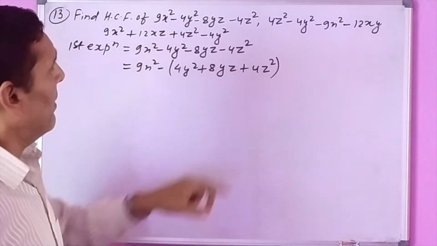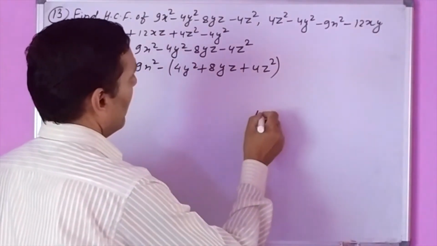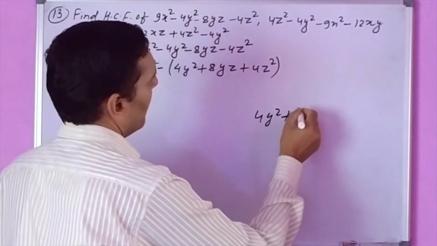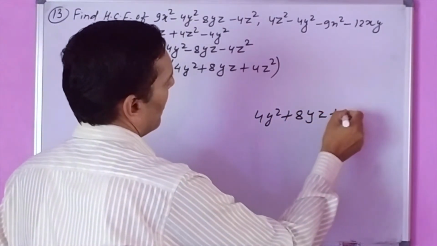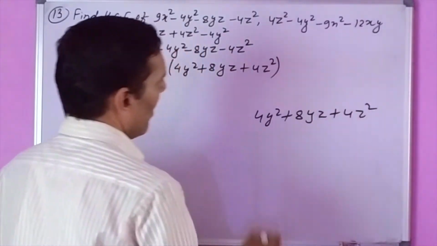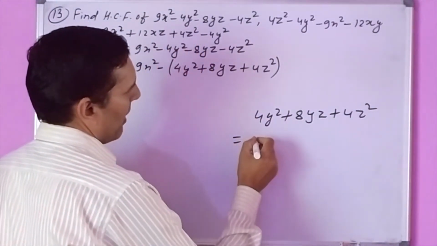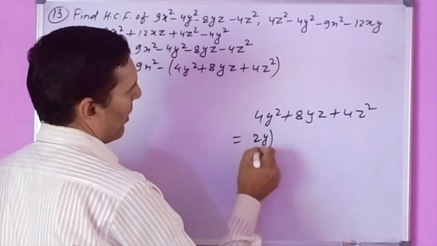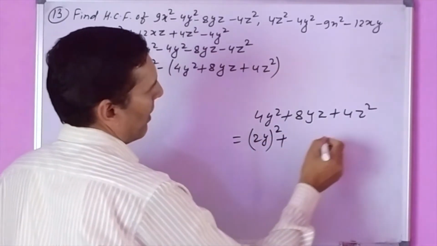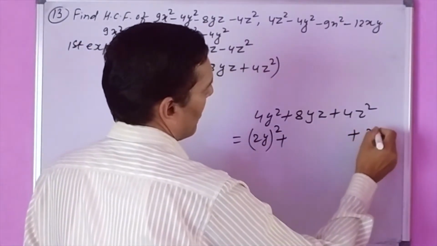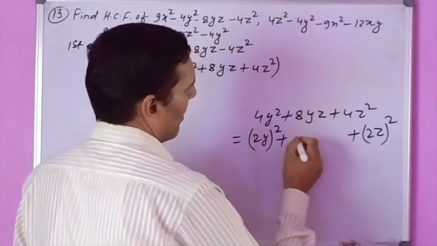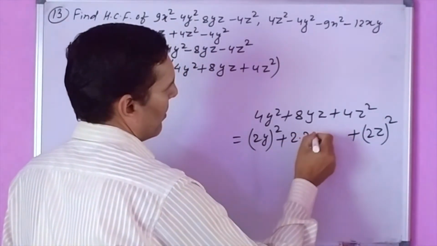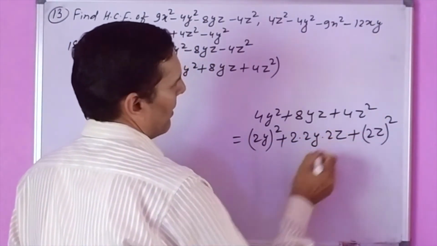Now these three terms, 4y square plus 8yz plus 4z square. Look here now, this 4y square, we can write as square of 2y, and the last, 4z square, as square of 2z. So a is 2y, b is 2z.